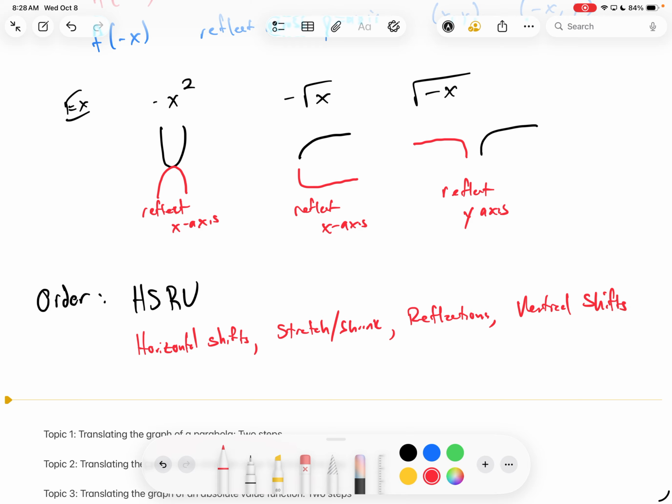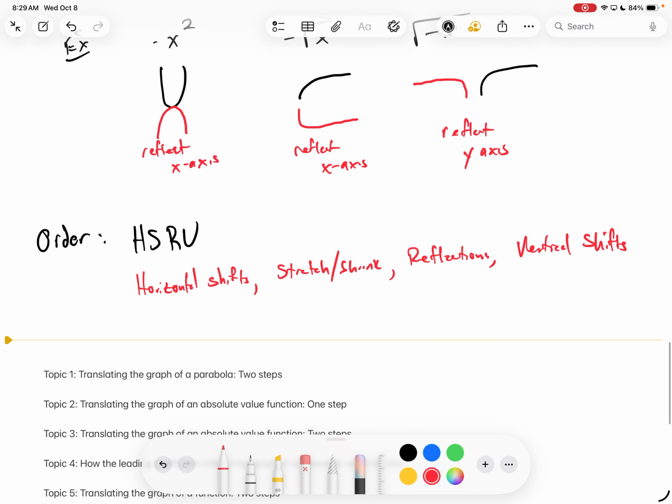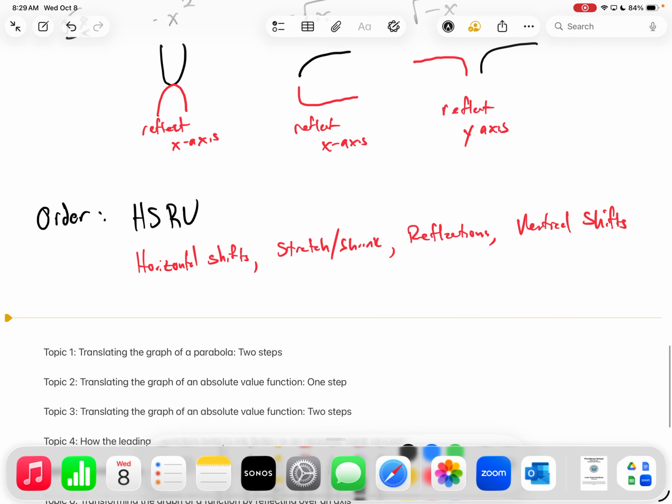Very, very rarely does the order matter. But technically that's HSRV. That's the order you're supposed to do them in. All right. Let's go do some problems.